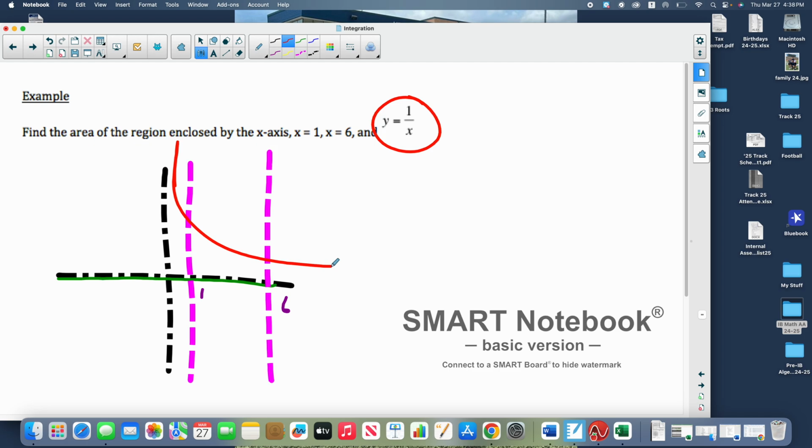It's that rational function that would look like this. So the part that is bounded or enclosed by the x-axis, the 1, the 6, and that curve is this area right there. So when I'm building my integral, the curve that's on top is 1 over x. My boundaries are from 1 to 6, dx.